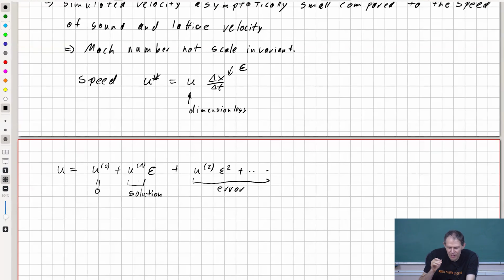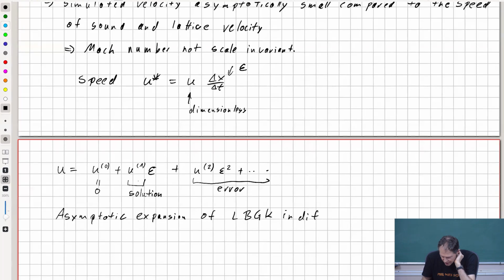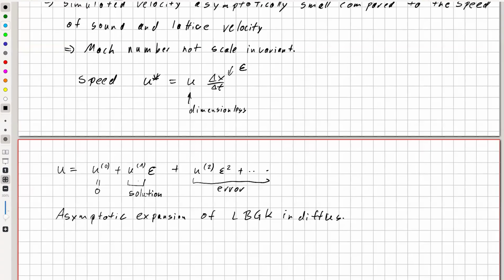Now we will put this expansion, the asymptotic expansion of the moments, into our equation 8.4, and because we have discussed for such a long time about asymptotics, we put this in diffusive scaling.